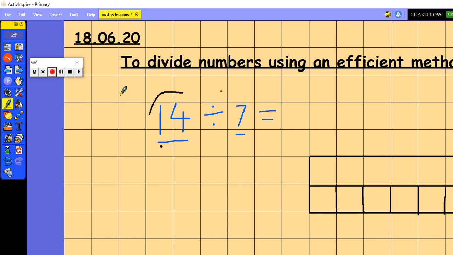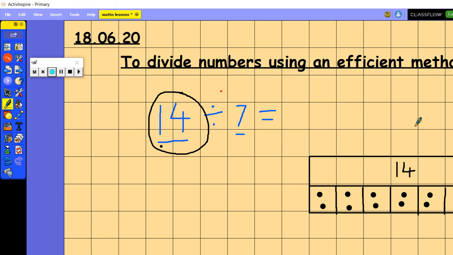So I need to put my whole number, which is 14, in the whole number box at the top here. And I'm then going to share my 14 between my 7. So I'm going to keep counting until I get to 14. So 1, 2, 3, 4, 5, 6, 7, 8, 9, 10, 11, 12, 13, 14.